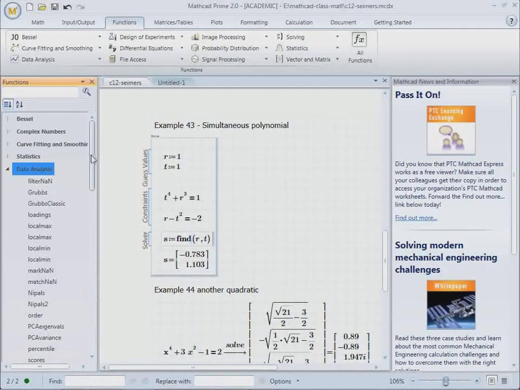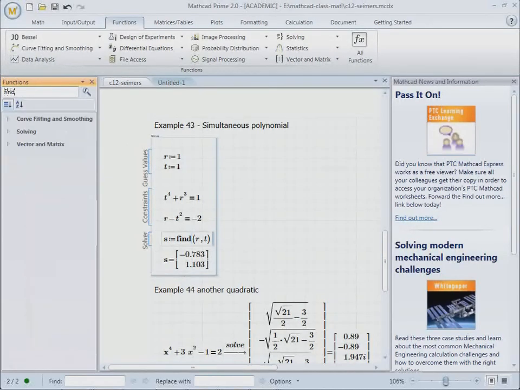You might have to search around a bit. If I have an idea what the function is, type it in the search box. Solving, there, find and root. So you enter your equations, and so you can solve nonlinear simultaneous equations.